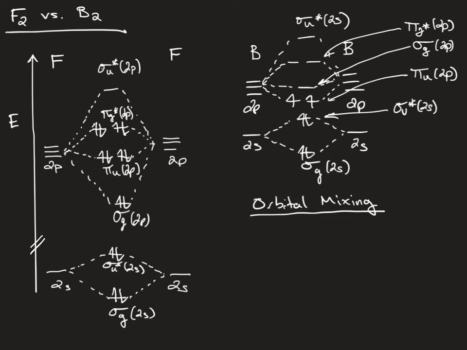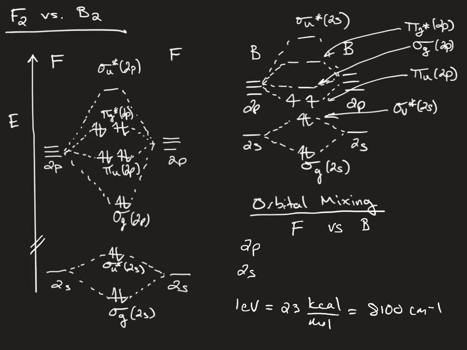So what I'm going to write here are the ionization energies for the 2p and the 2s orbitals for fluorine versus boron in terms of electron volts. And 1 electron volt is equal to 23 kcals per mole, which is equal to 81,000 wave numbers for reference.